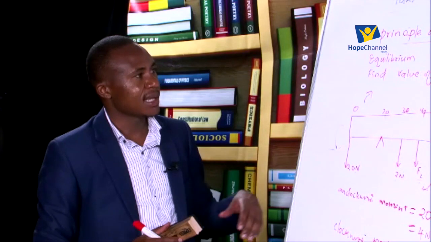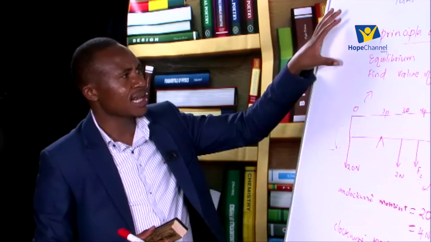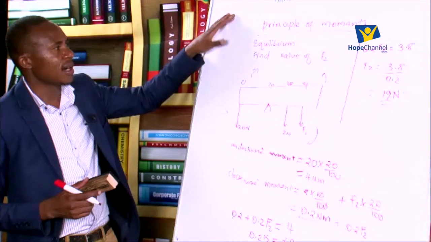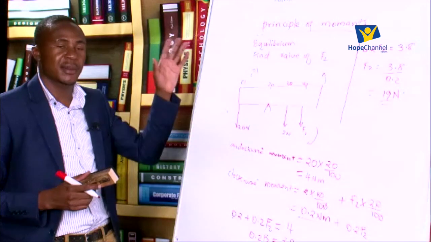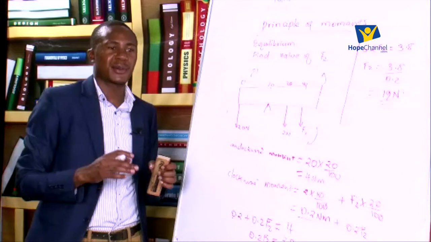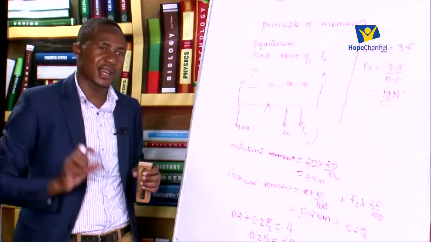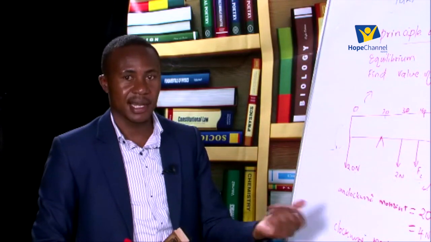Now, as a student, it's good for us to know that the turning effect of force is simply what we call the moment of force. By definition, the moment of a force is the product of the force and the perpendicular distance from the point of support to the line of action of the force, that is measured in Newton meters as the SI unit.